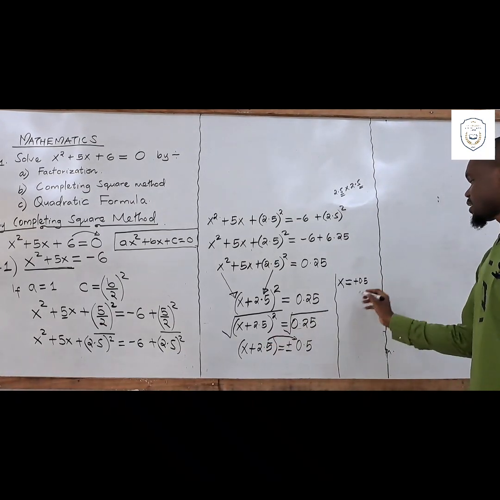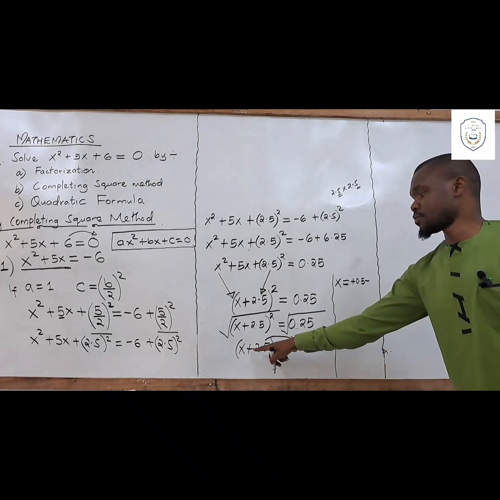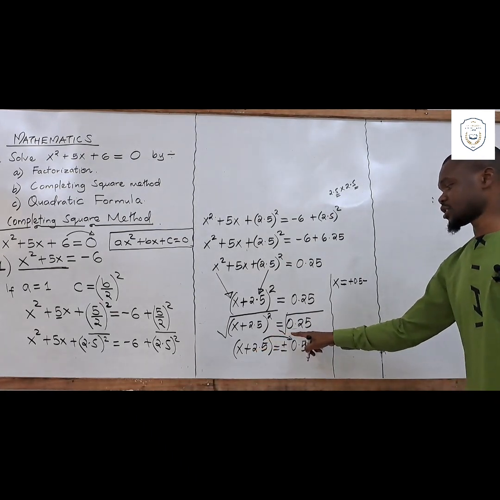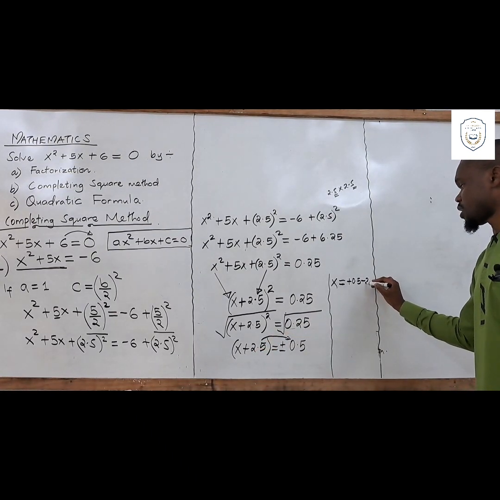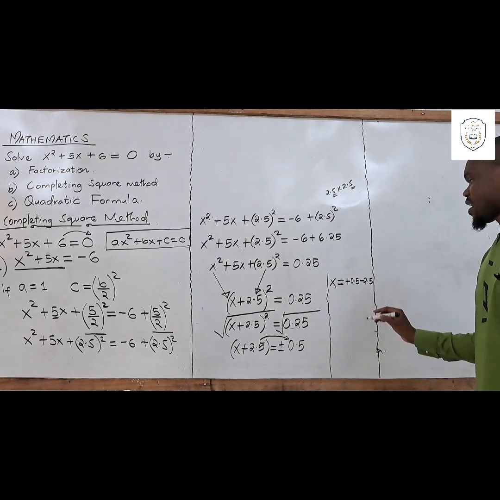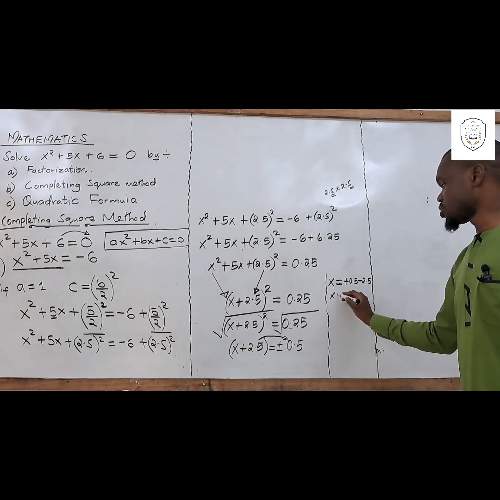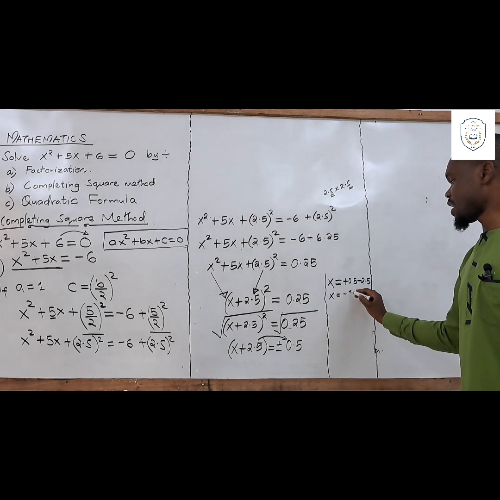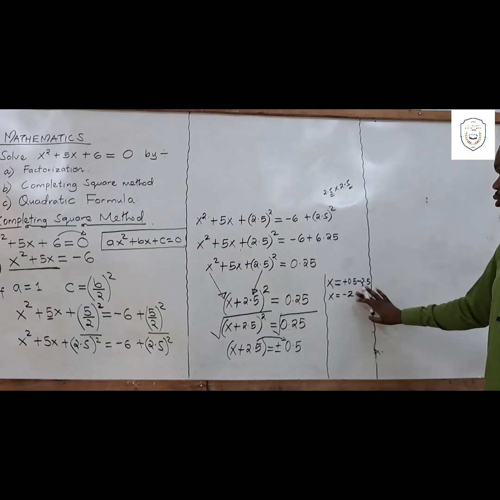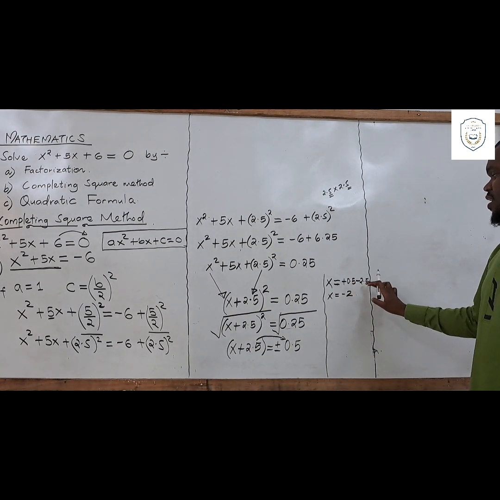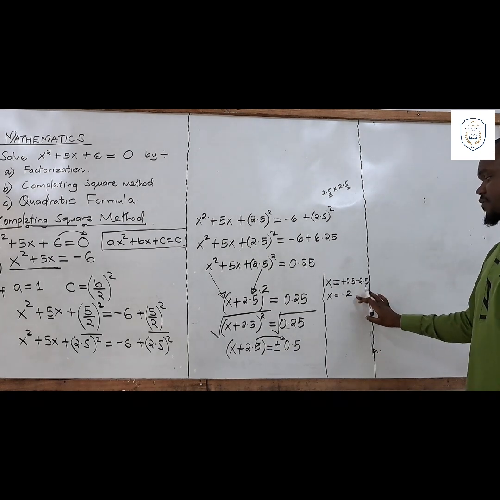We are subtracting, because when positive 2.5 crosses the equal sign to the other side, it's supposed to be subtracted, and so we're subtracting 2.5. If you simplify this, you discover that x is equal to negative 2, because you have 0.5, and you're supposed to subtract 2.5.